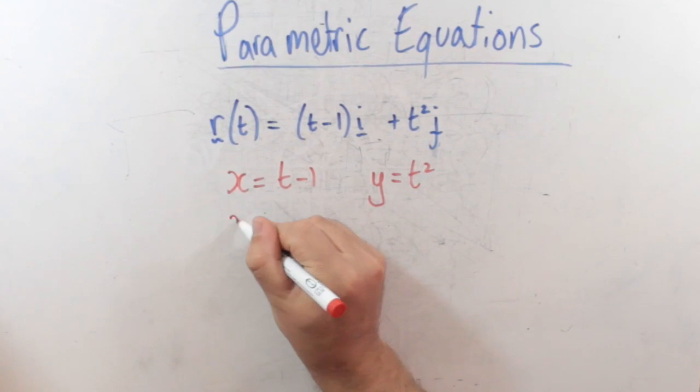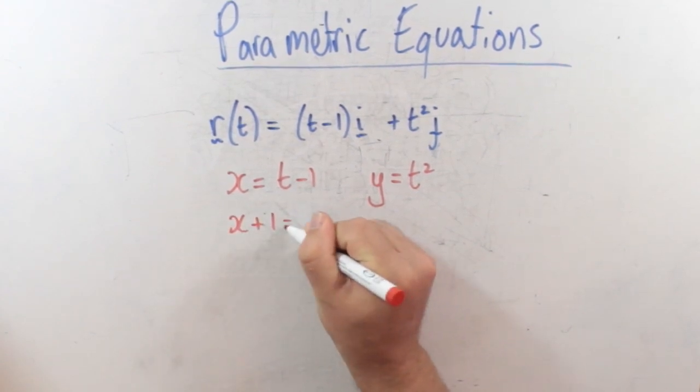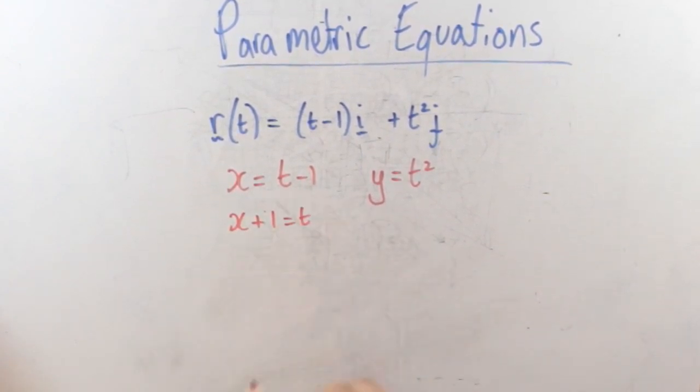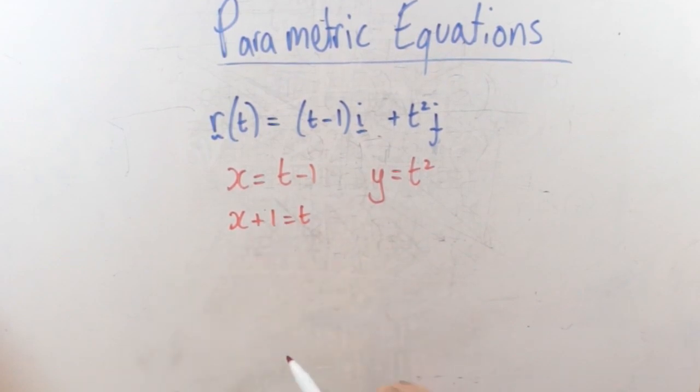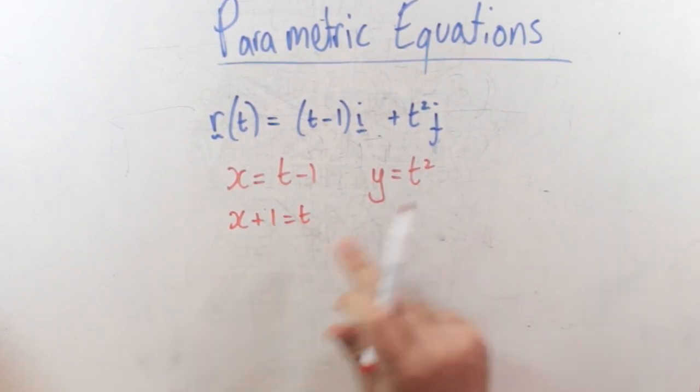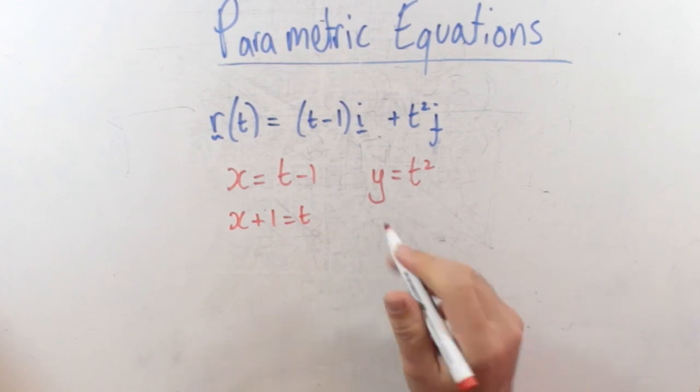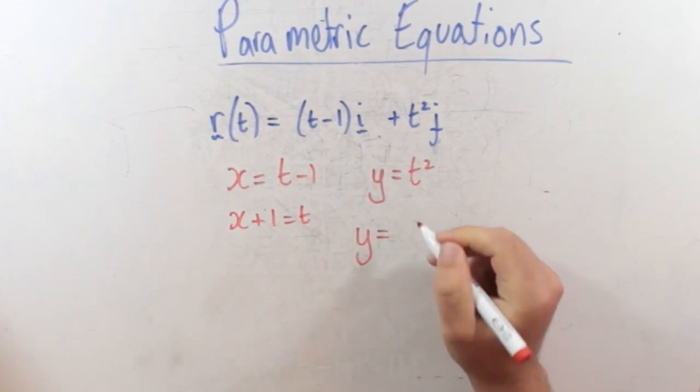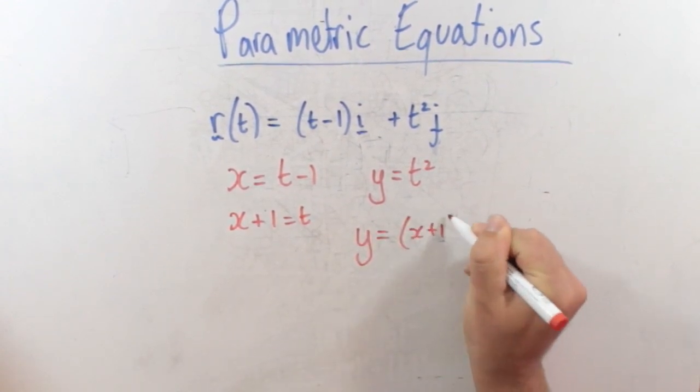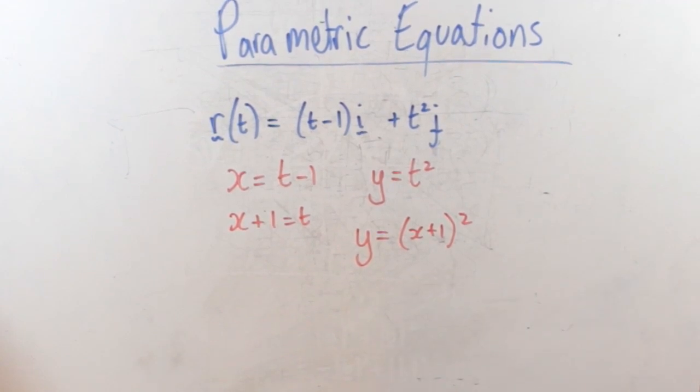Okay, so let's rearrange this for t, this x equals t minus 1. So we add 1 to both sides, we get x plus 1, and then we'll substitute this t in for the y. So we get y equals (x plus 1) squared, and that's it. Okay, so now we know the Cartesian equation.